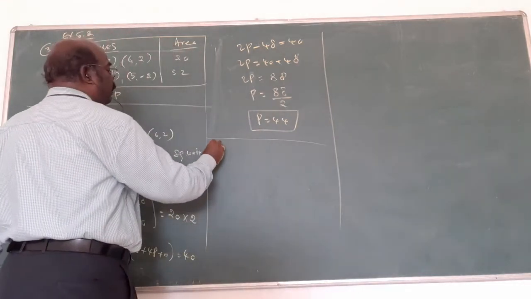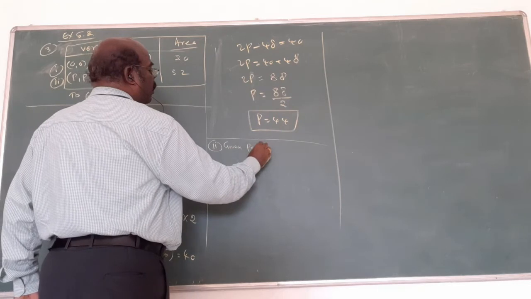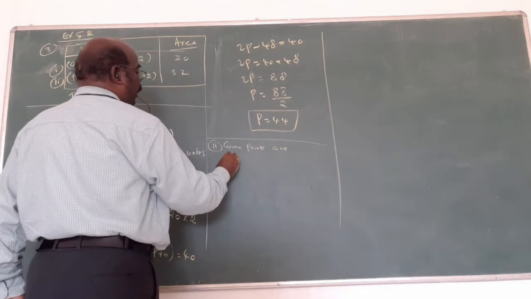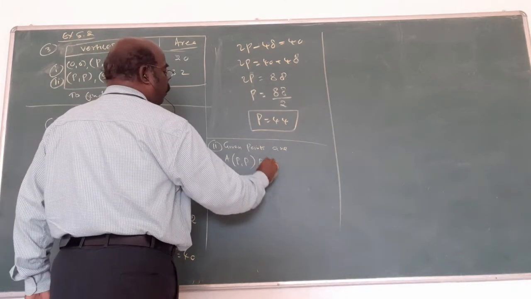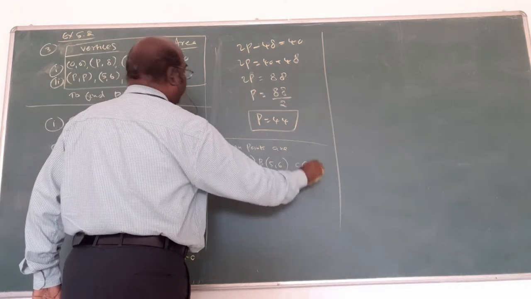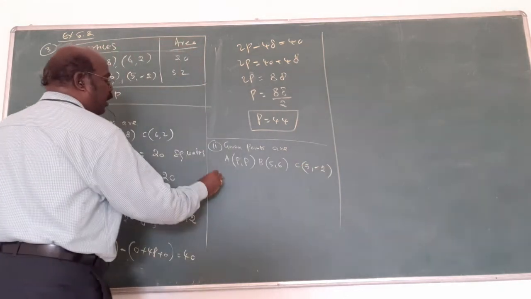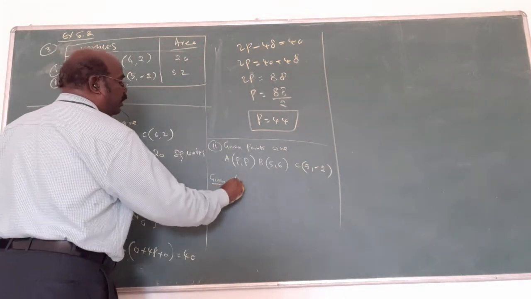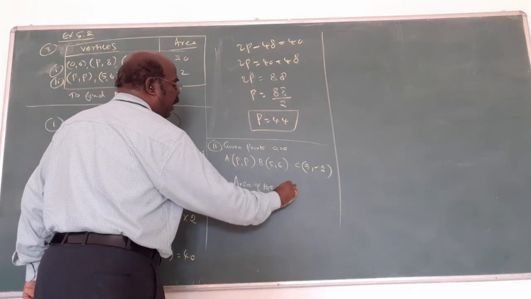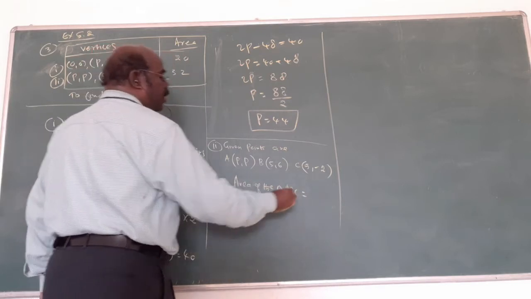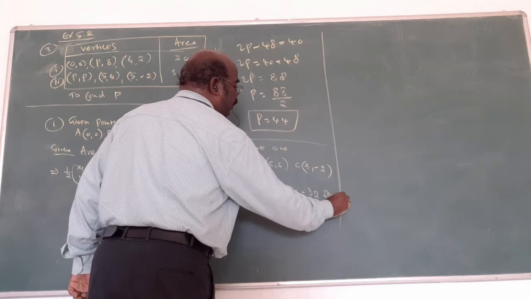Second one is saying that given points are A p, p. Next B 5, 6. C 5, minus 2. The same thing: given area of the triangle ABC equal to 32 square units.